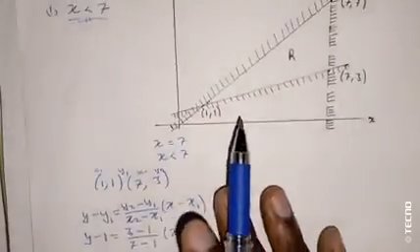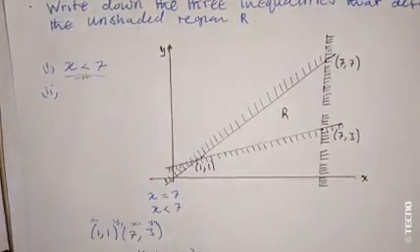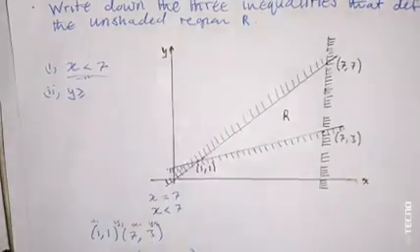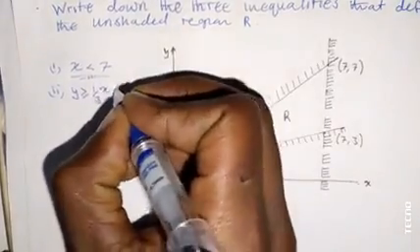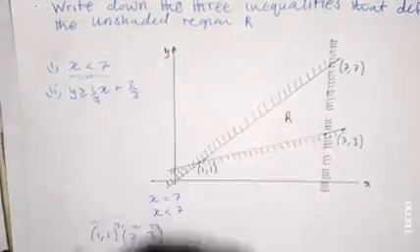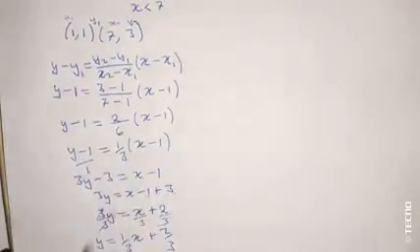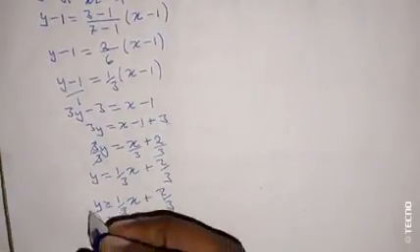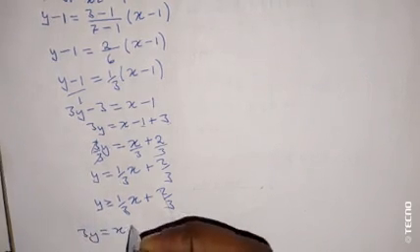So here I'll just copy this and write it there. Y is greater or equal to 1 over 3x plus 2 over 3. One can write it like this, or pick it from where we said 3y is equal to x plus 2.